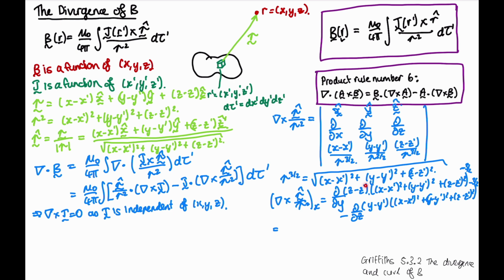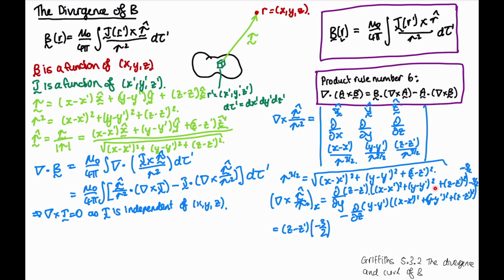Z minus z prime is independent of y, so we can bring that out the front of the derivative. And then what we're doing is taking the derivative of this lot in here with respect to y. So we've got the minus 3 on 2, which is from here, which comes down the front.